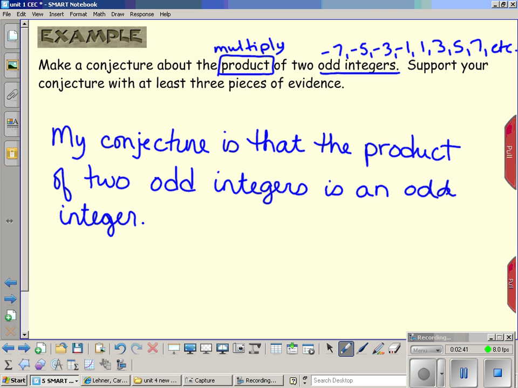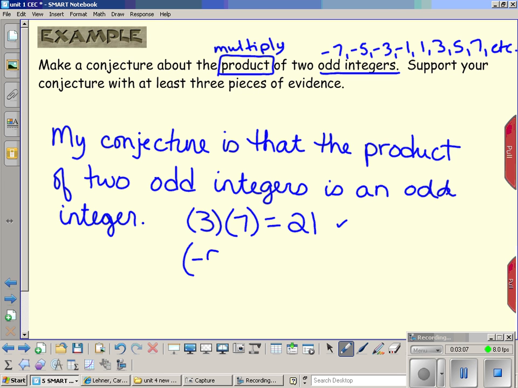Now when you're doing pieces of evidence, it's best if you don't just pick 3 types of evidence that are fairly similar to each other. Maybe I test it with a positive and a positive, with a negative and a negative, and with 1 negative and 1 positive. And I use a variety of sizes of numbers. So maybe I test it with 3 times 7. Both of those are odd, and I get 21. That's still odd.